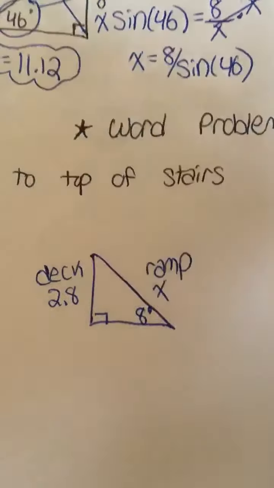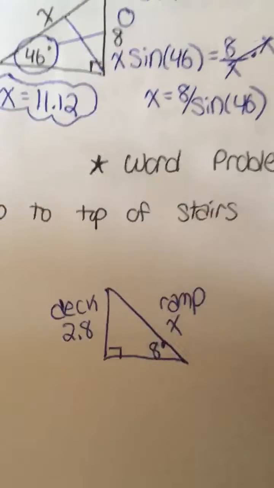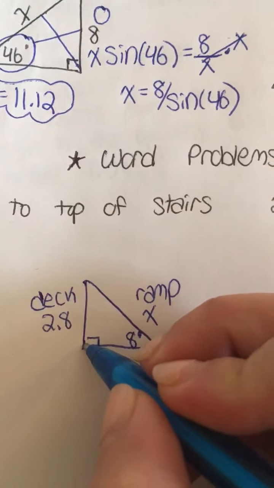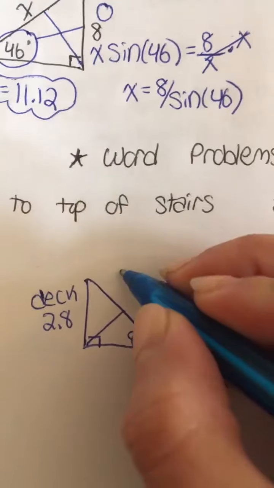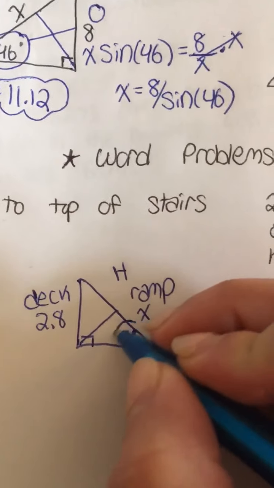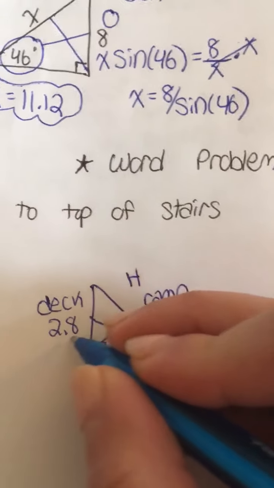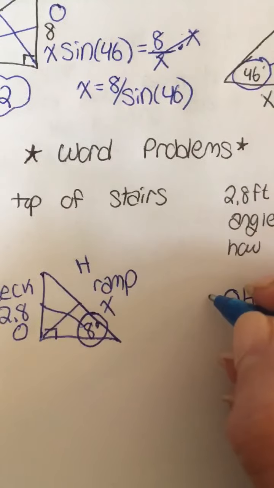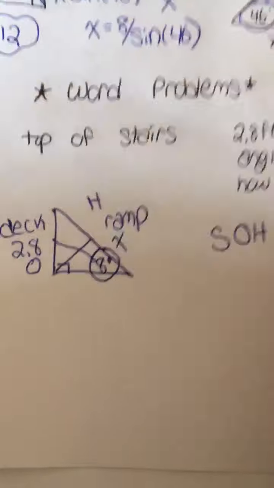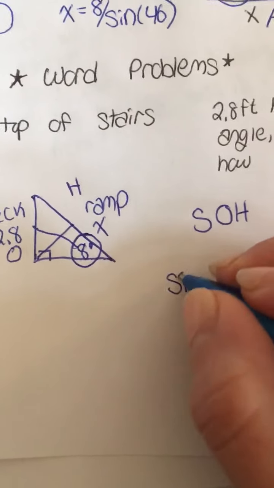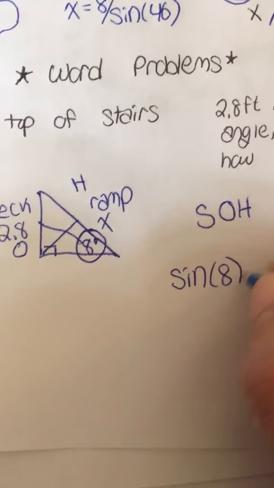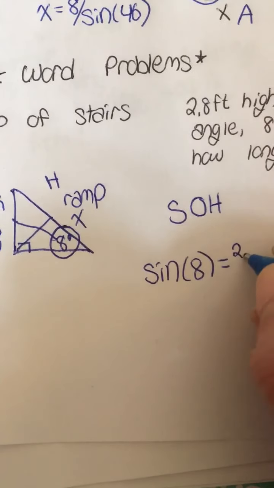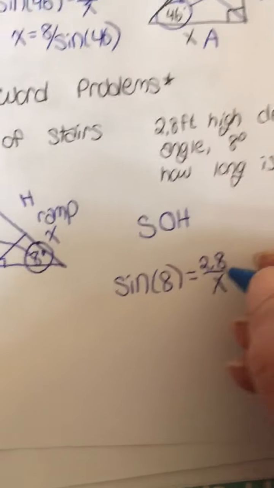So now we have a picture just like in the last few problems. We're just going to first label from the 90 is H. From the angle we're given is O. So we're using SOH, SO, which stands for sine. So we have sine of 8 degrees equals 2.8 over x.